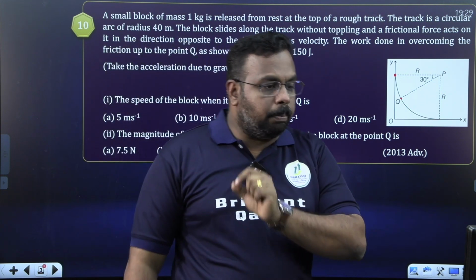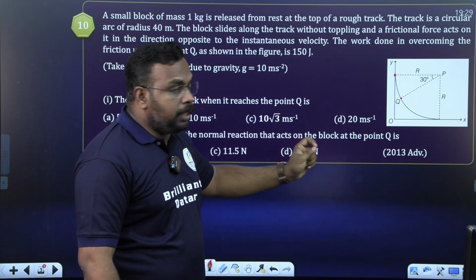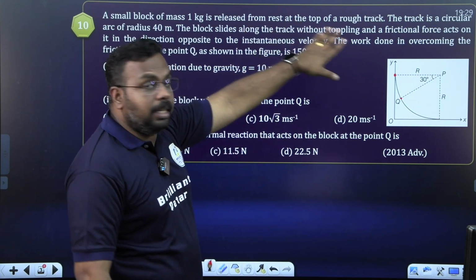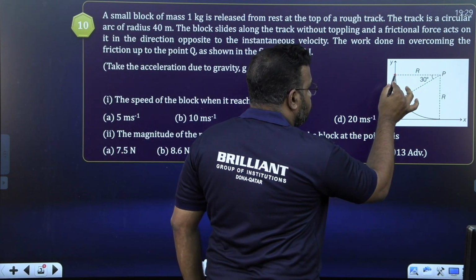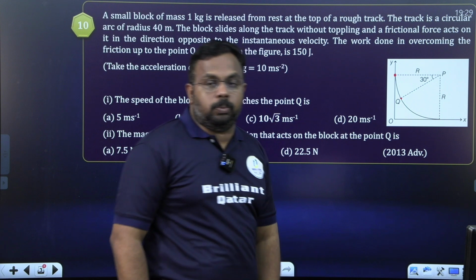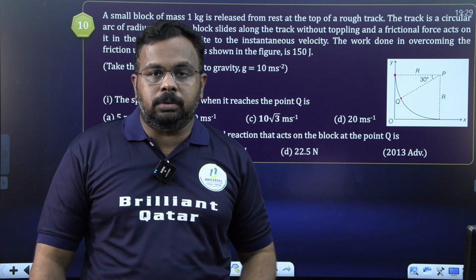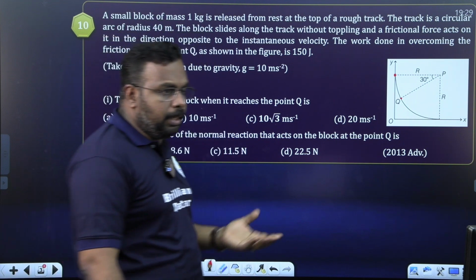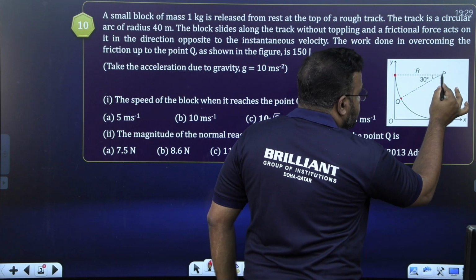Yeah, of course we can apply the conservation of energy concept, Aditya. Conservation of energy means it is given that initially it is released from rest. Released from rest means at this point its kinetic energy is 0. That means at that point the body is having only what? Potential energy. And you know the formula for the potential energy. Look, this height is R only.